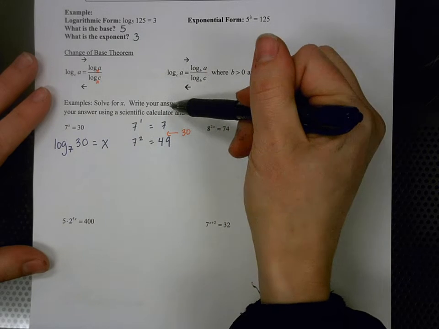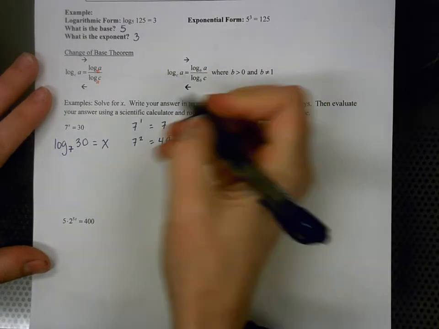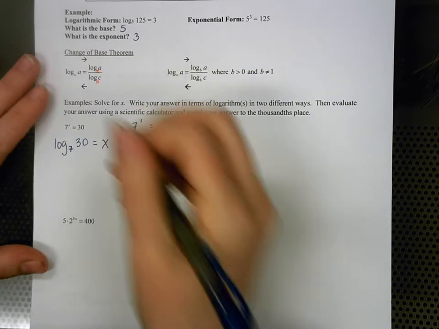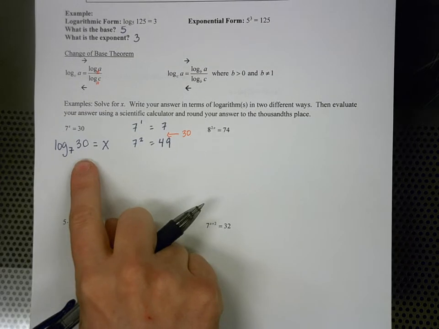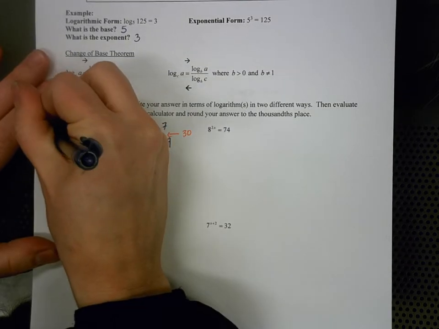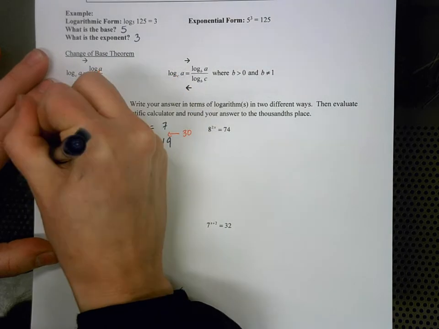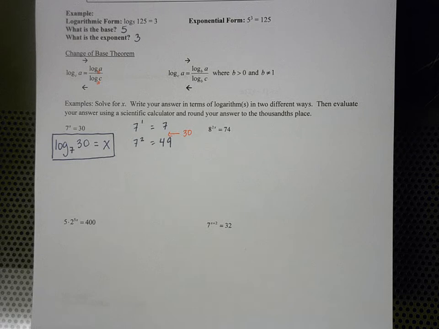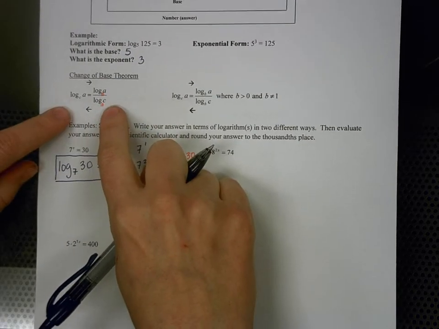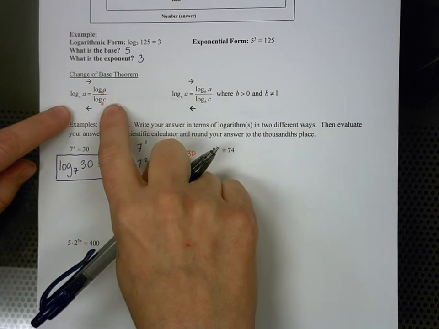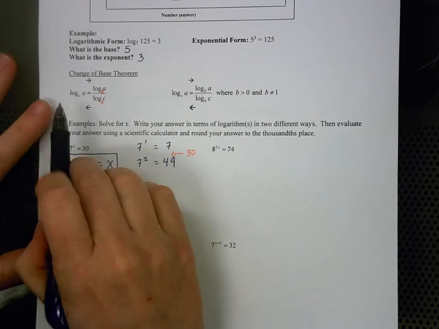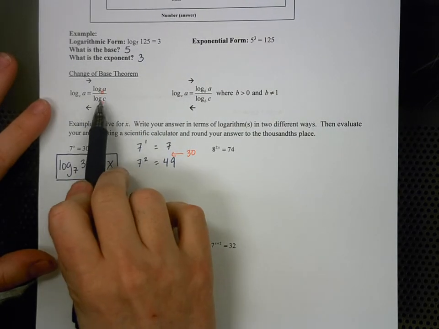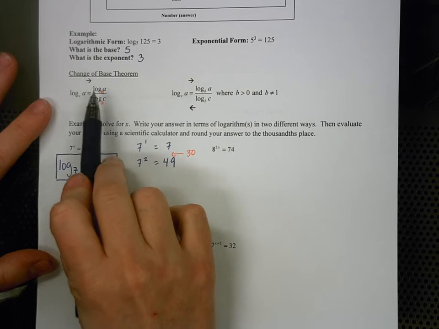So write your answer in terms of logarithm in 2 different ways. This is one way. And then the second way would be to write it by changing the base. So we're going to get ready to change the base anyway. So if you notice, the c is in place of the 7, so that's going to be log of 7 on the bottom.